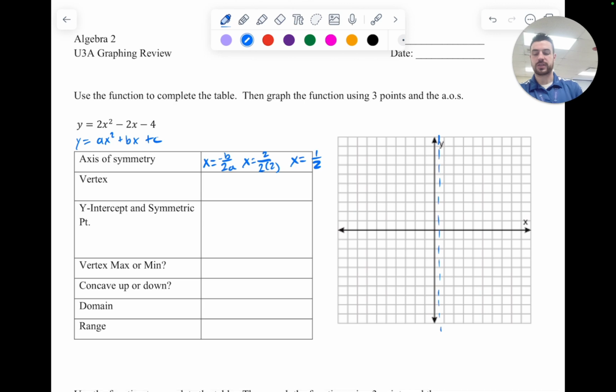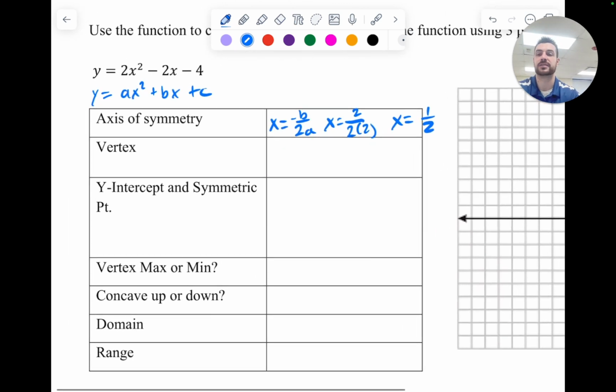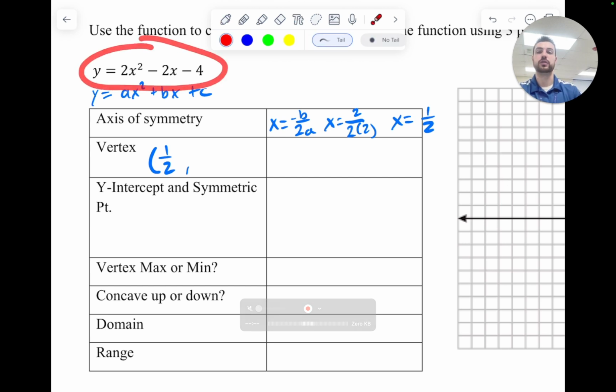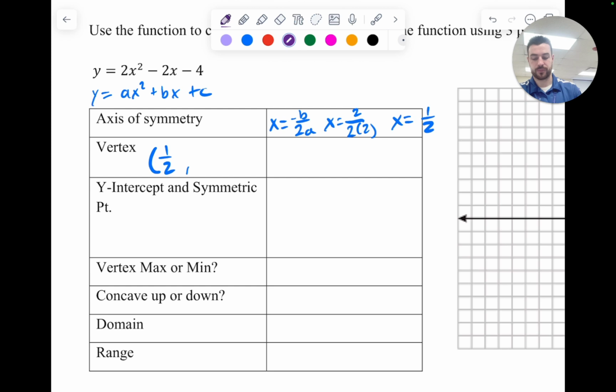Now that also tells us a little bit about our vertex. Since the vertex is on that axis of symmetry, we know the vertex is going to have an x value of 1/2. So if I know my x value, I should be able to plug into my original equation in order to find the y value, or my output.